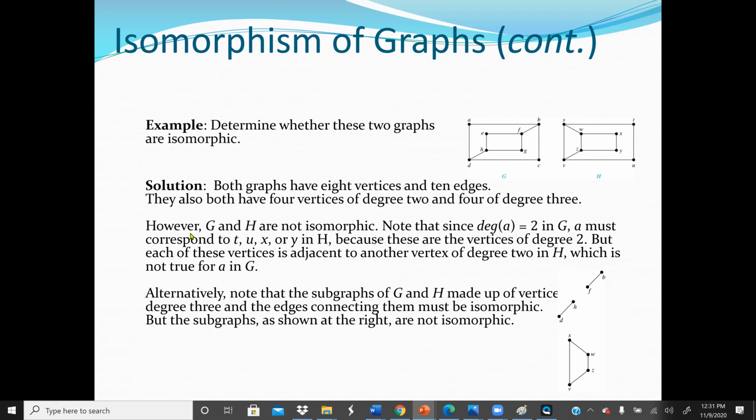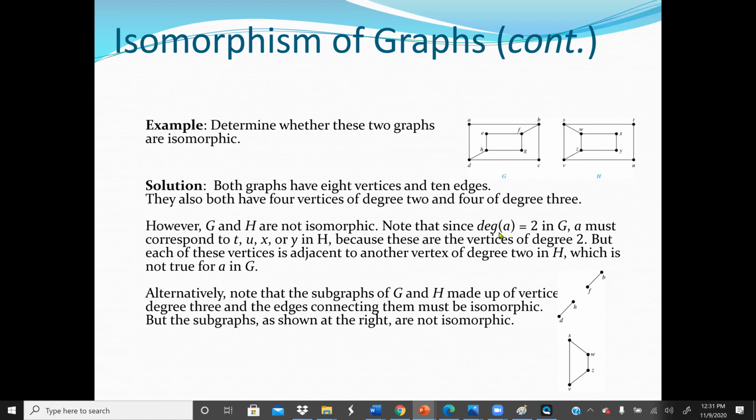But here we say, however, that's where we need to be careful. First of all, that's the condition. When I'm checking if 2 graphs are isomorphic, the first condition we check is the number of vertices we have and the edges we have for both graphs. But sometimes, in this case, the number of vertices, edges, and the degree of the vertices are the same. But still, however, G and H are not isomorphic. Why?